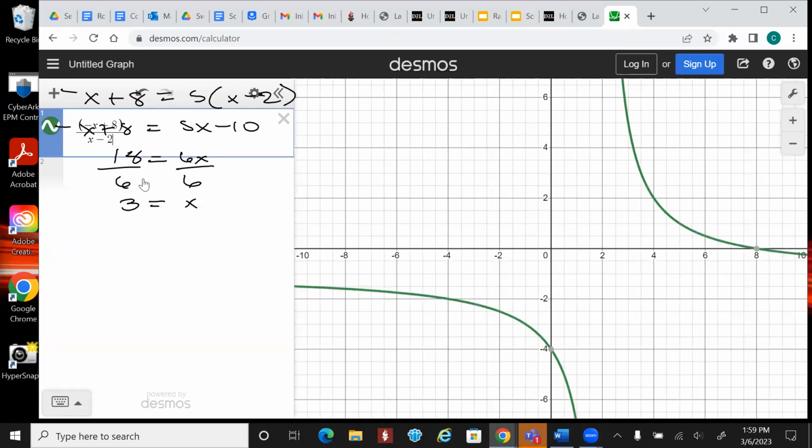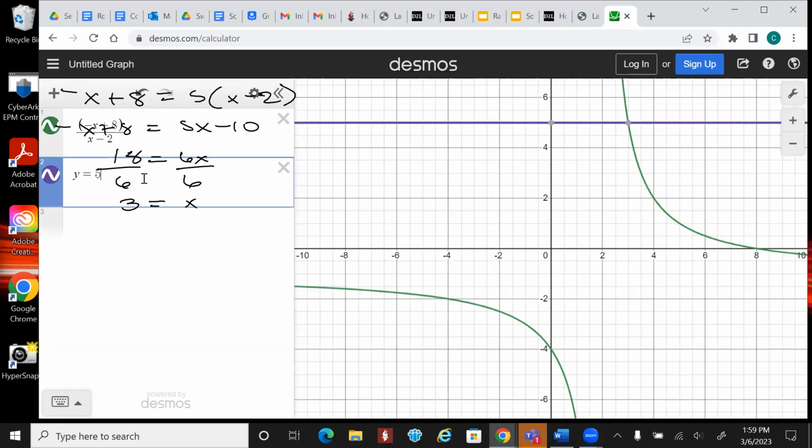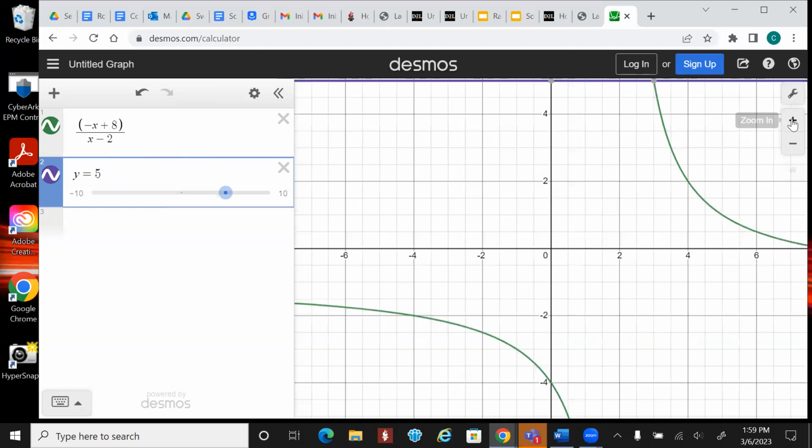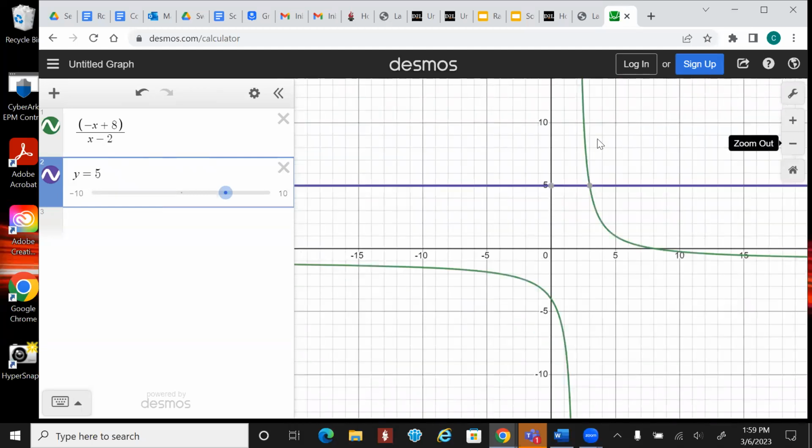Okay, so y is equal to 5, and we want it when it's greater than 5, right? The only time that happens is from 3, and then there's a vertical asymptote at 2. Does that make sense?